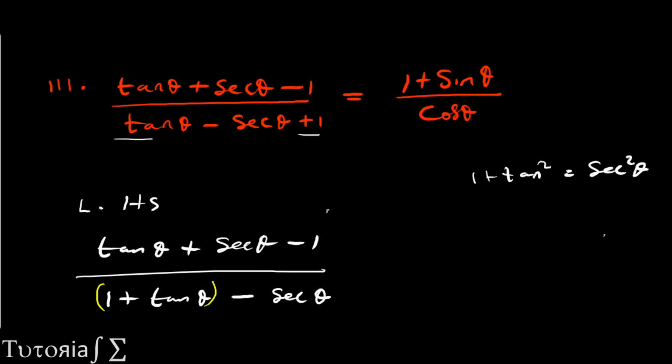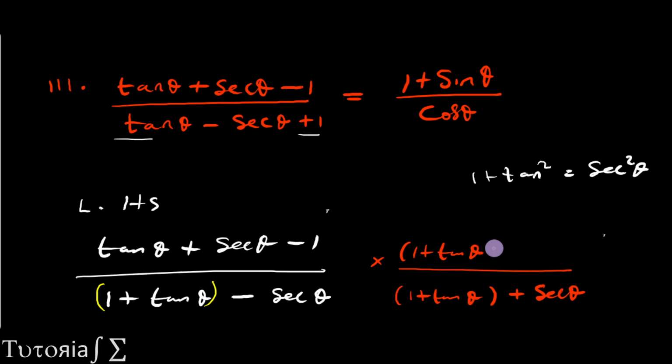Then what we're going to say is this is multiplied by 1 plus tan theta, then plus sec theta, then on top the same thing, 1 plus tan theta, and plus sec theta. Then we multiply them out.